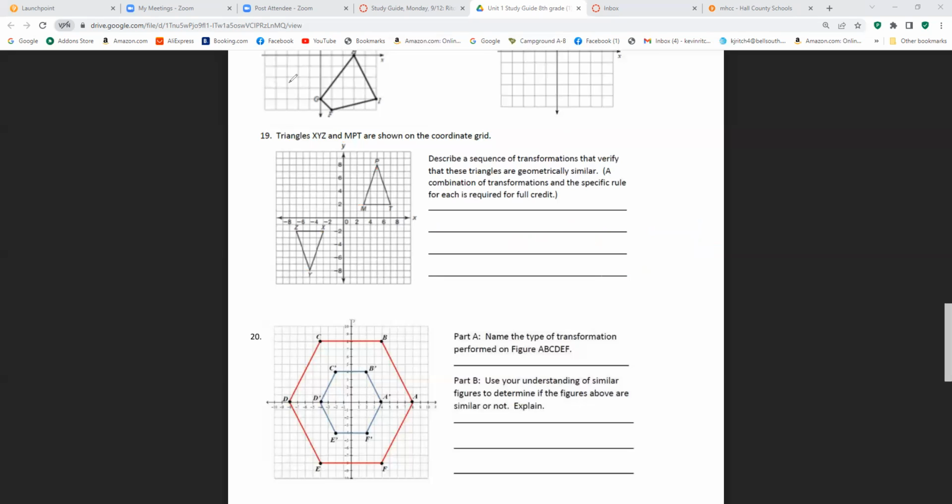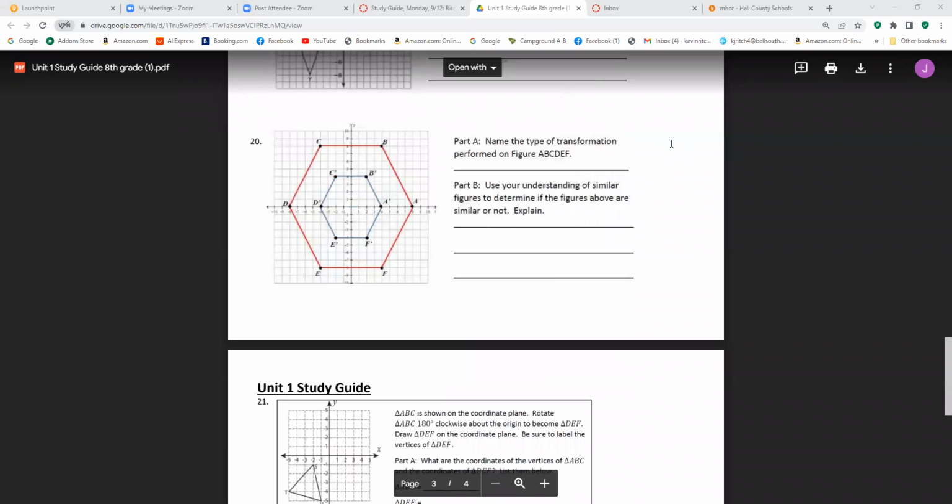All right, number 20, it says, name the type of transformation. So we have original C to C prime. Our original C is at -4, 8. That's our original. And it got smaller to -2, 4.